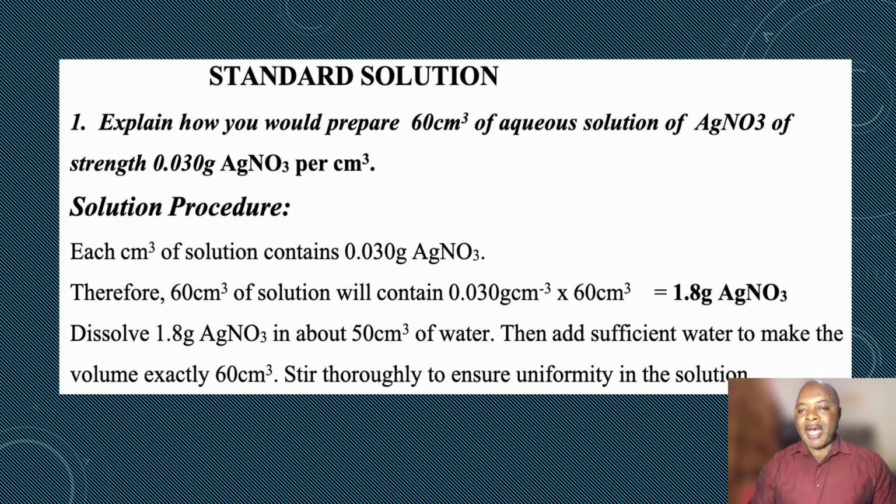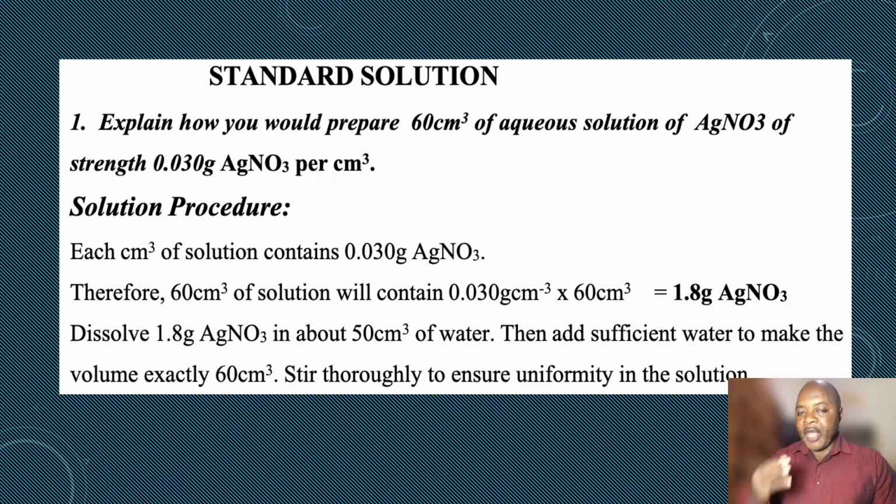We now take 1.8 gram of silver nitrate and dissolve in about 50 cm cube of water in a beaker. We can dissolve in a beaker of 60 centimeter cube, but now we put 50 cm cube of distilled water in that beaker, then put in the 1.8 gram of silver nitrate.